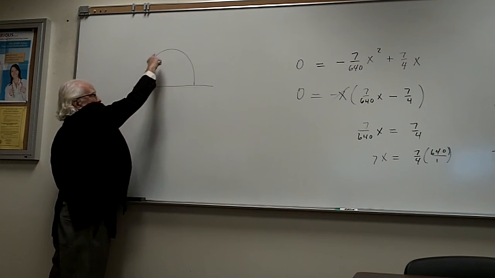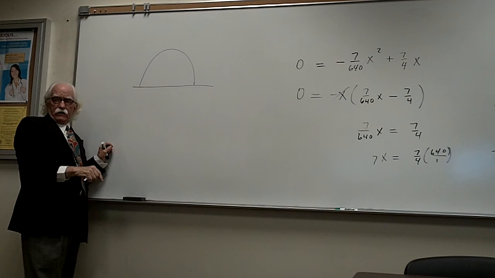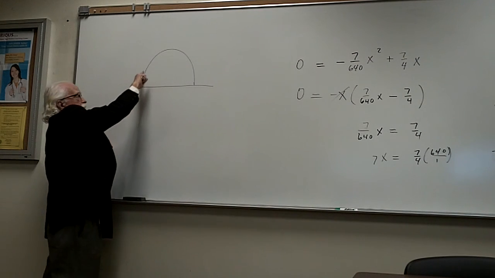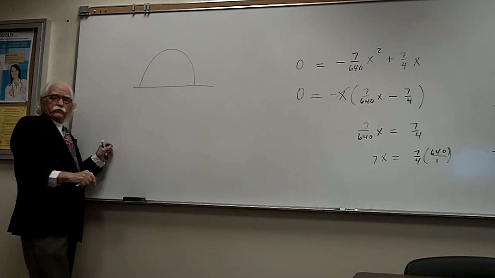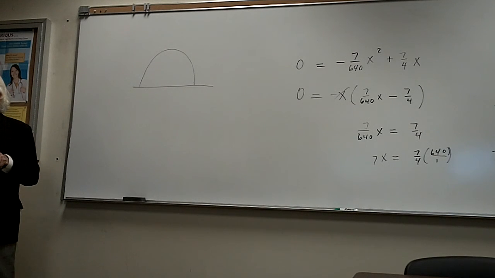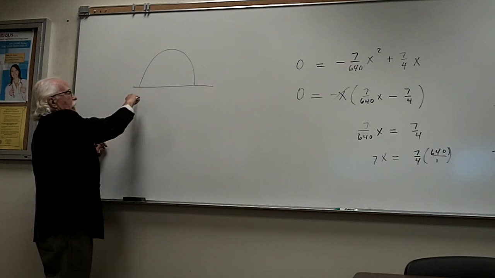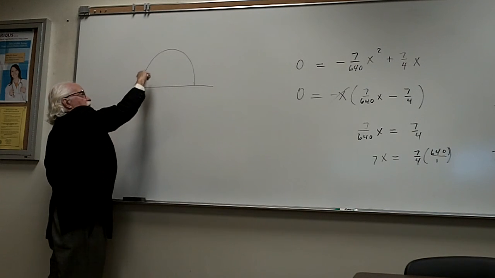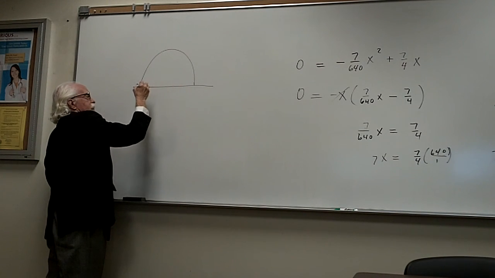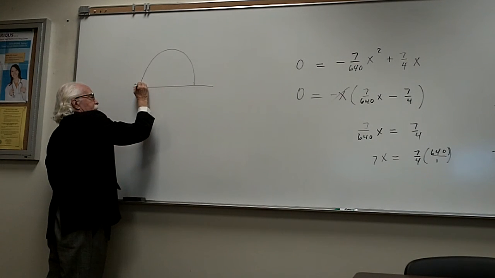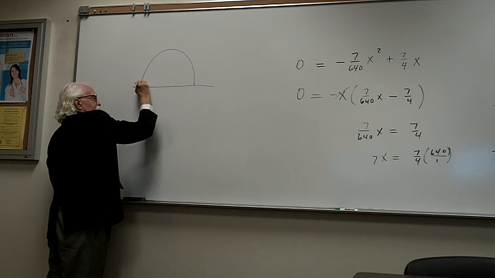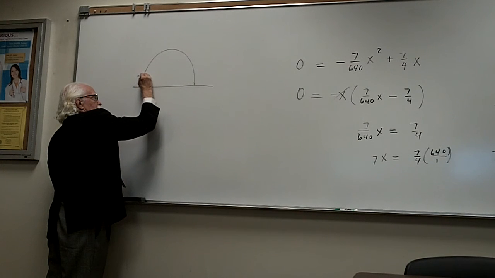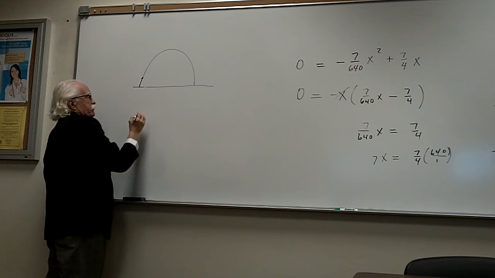When you have something being fired like this pumpkin, and it travels like this, and I've exaggerated its path, the only way this can happen is if the pumpkin has a motion like this.